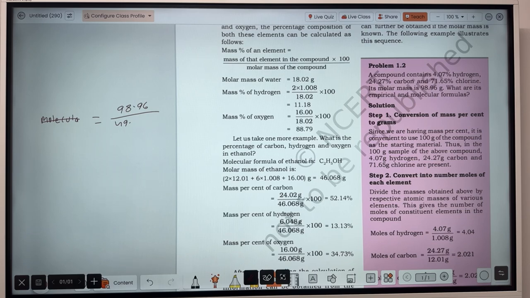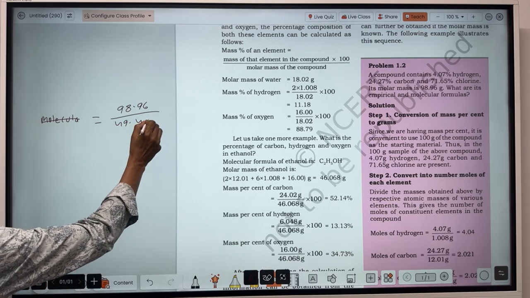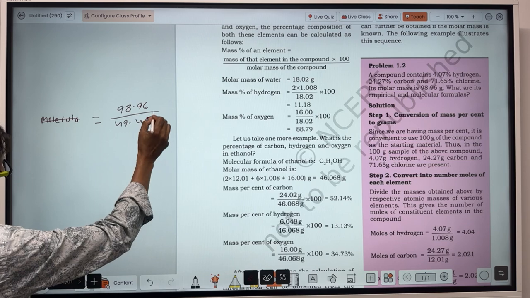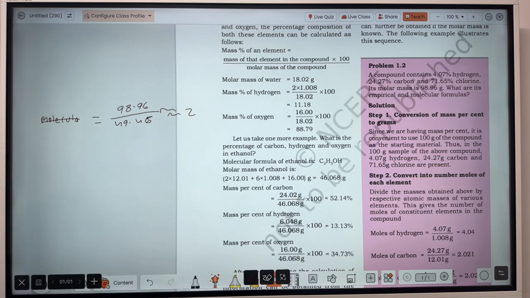When you divide them, that will be nearly 2.